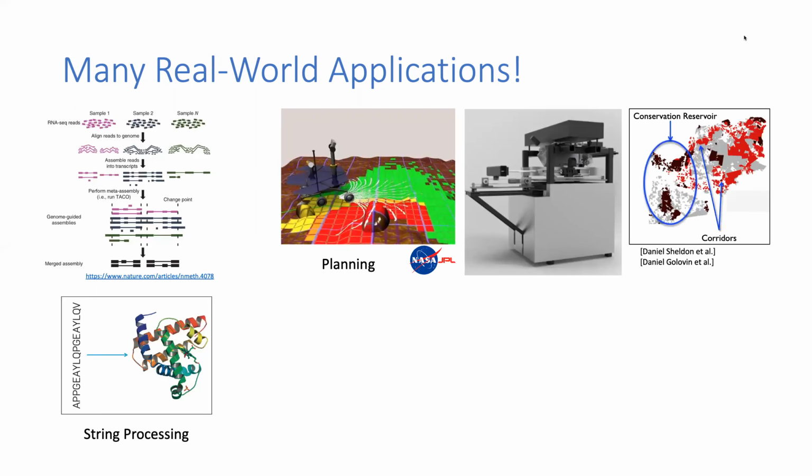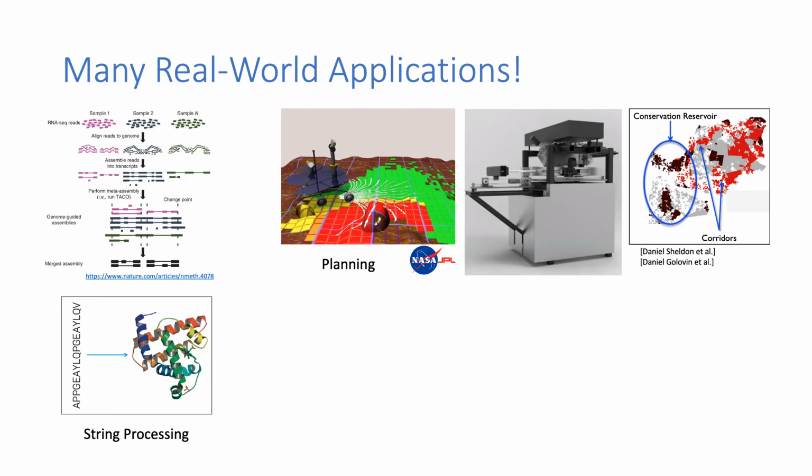We have planning. So in planning, we have things like planning for missions like the Mars rover, planning for 3D printing. How do you plan a 3D printing path? Because planning for 3D printing is much more complicated than planning for 2D printing. Planning for conservation, and any other planning problem you can think of.